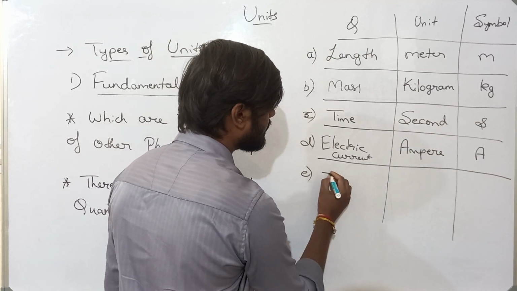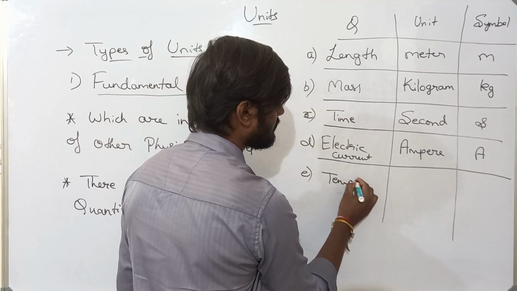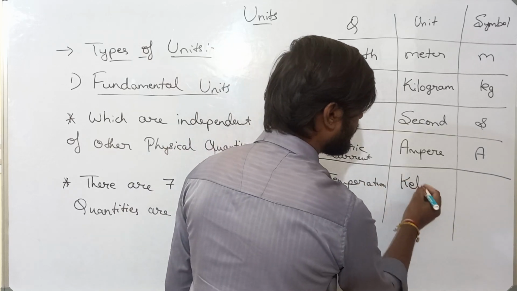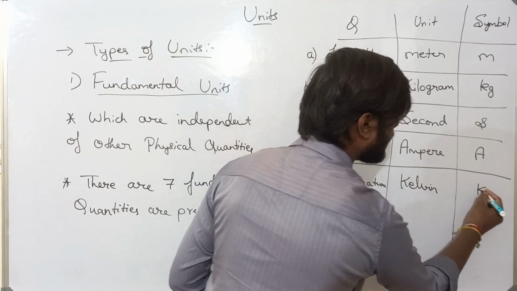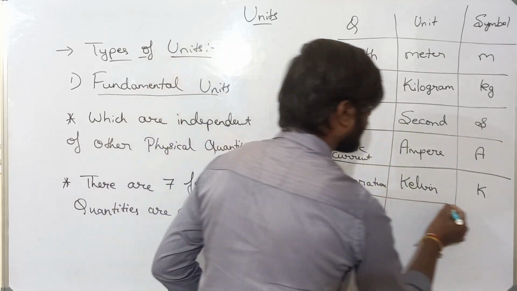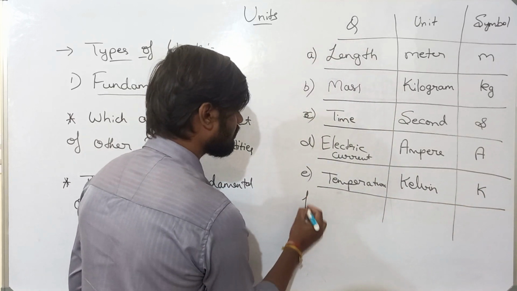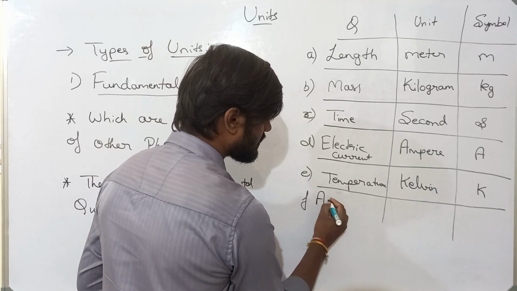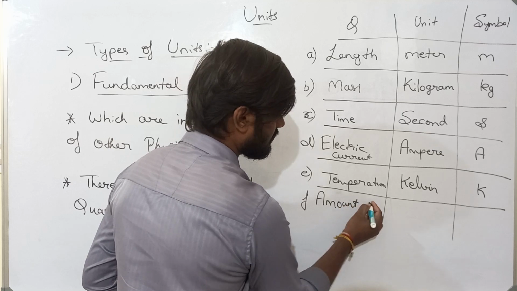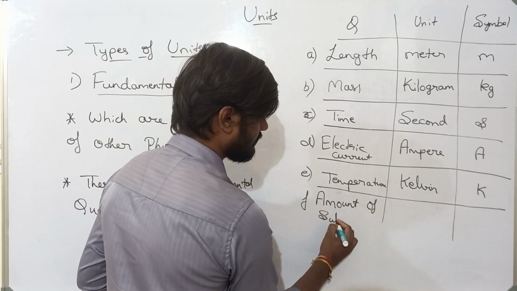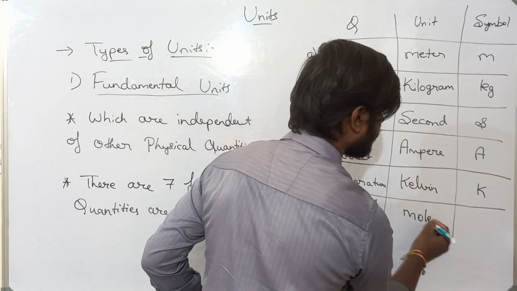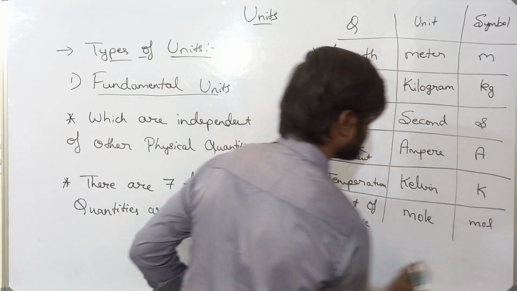Next, the fifth one is temperature. You can say the unit is Kelvin, given by capital K. And the sixth one is amount of substance. It is mole, MOL is the symbol.